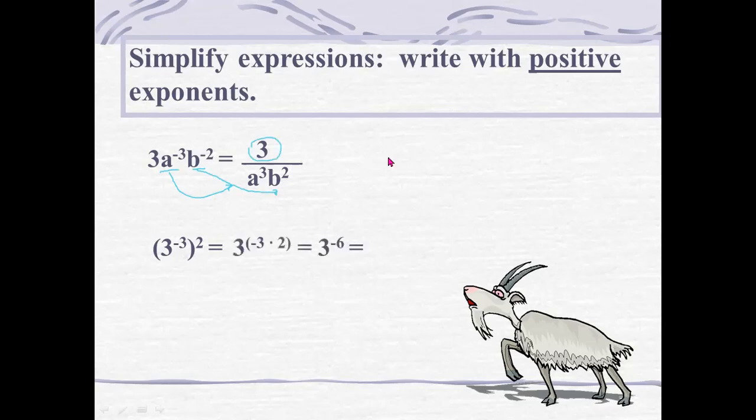What about that one? 3 raised to the power of negative 3 raised to another power of 2. And we said that if a power is raised to another power, we multiply that one. Focus, please take a look at your screen. We multiply that one. So that is why you have now 3 raised to the power of negative 3 times 2, which is equal to 3 raised to the power of negative 6.